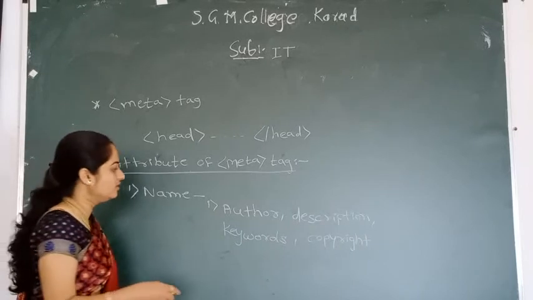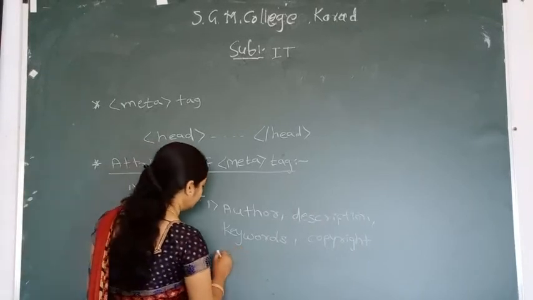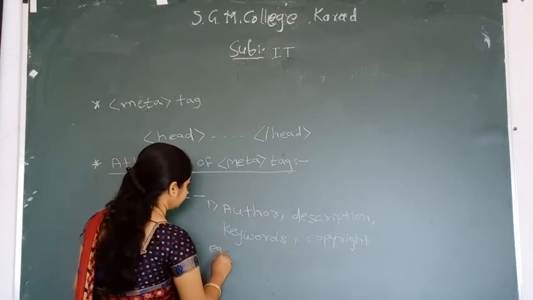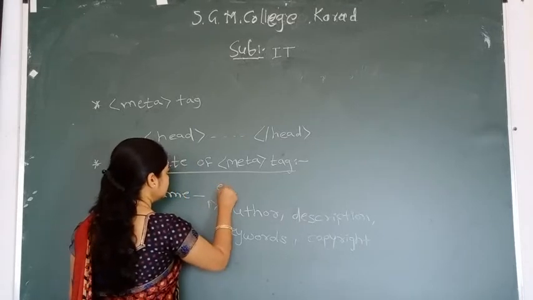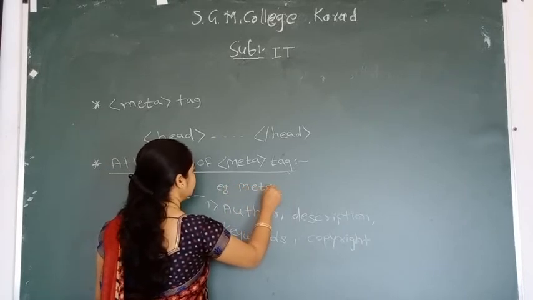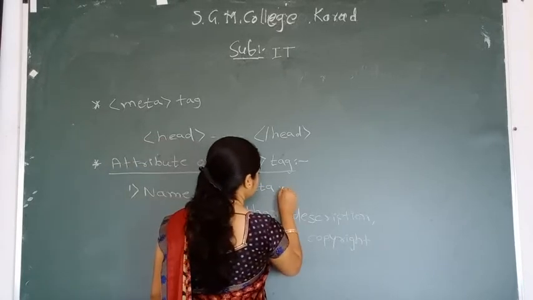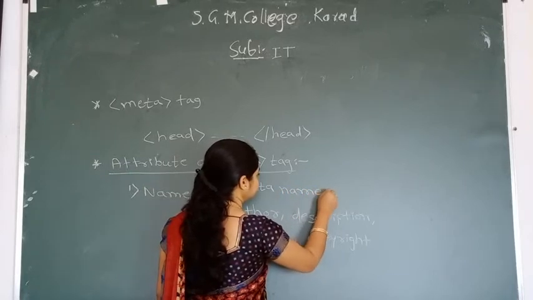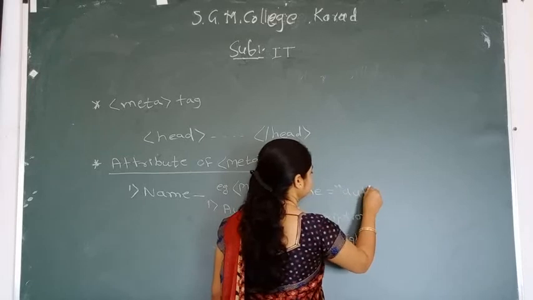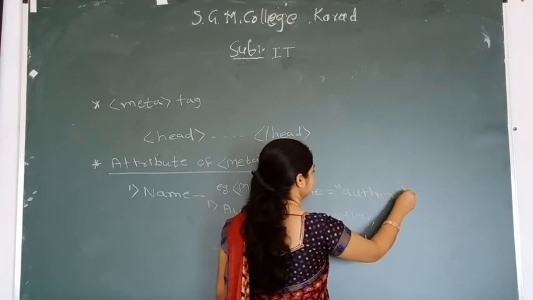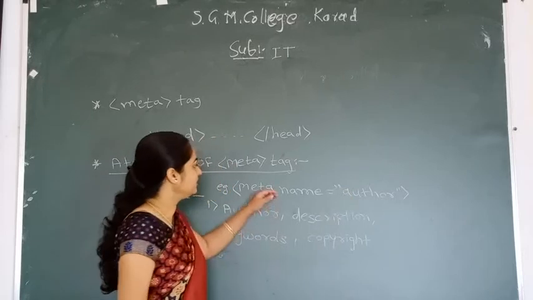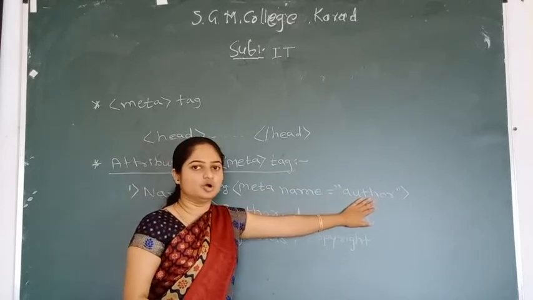For example, meta name is equal to, in double quotes, author.